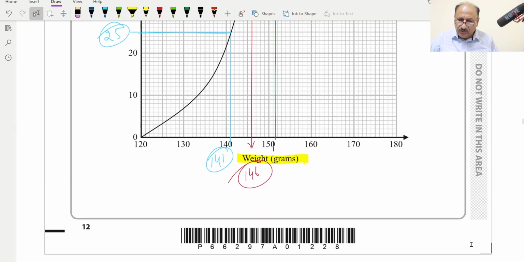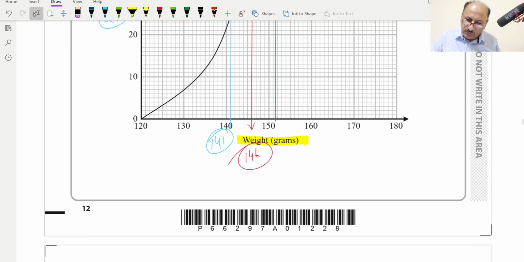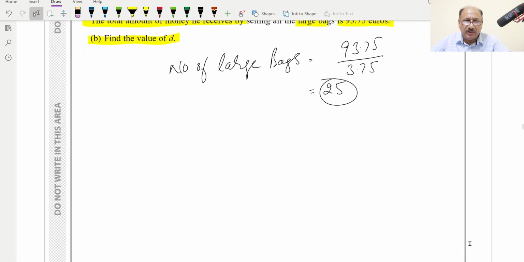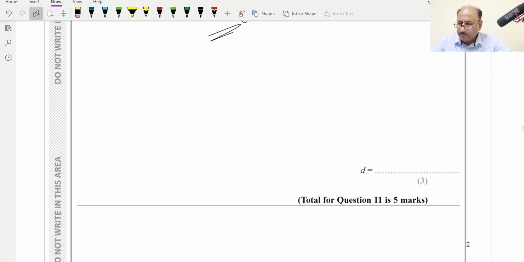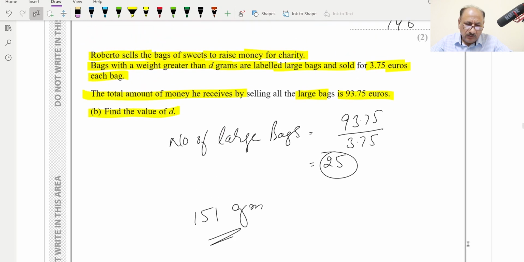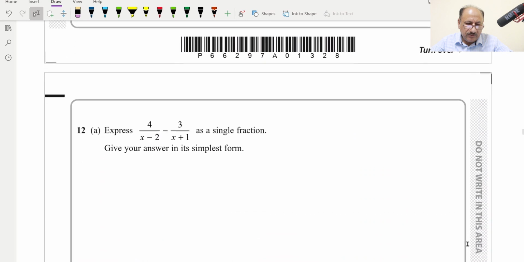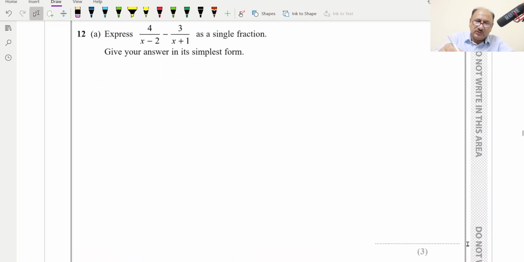This will be 151. So our answer to this question will be 151 grams. The D value will be this one. Find the value of D. This is done.